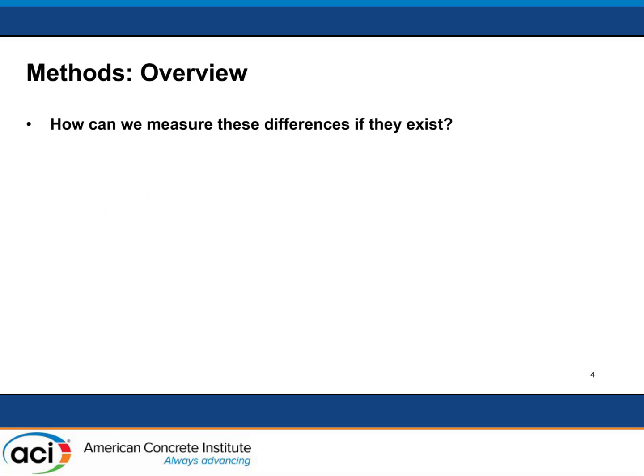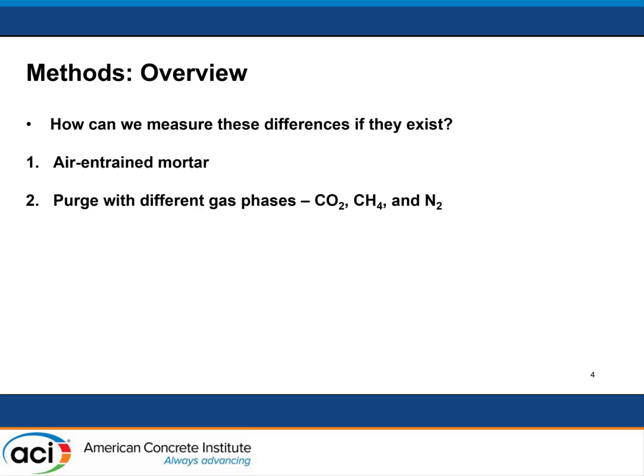So how can we measure these differences if they do exist? We created an air entrained mortar, just a single one to keep it simple. And then we purged the different mortars with pure gas phases, so CO2, methane, and then another sample with nitrogen. We wanted to deal with single gas compositions just to keep it simple for this first round of experiments.